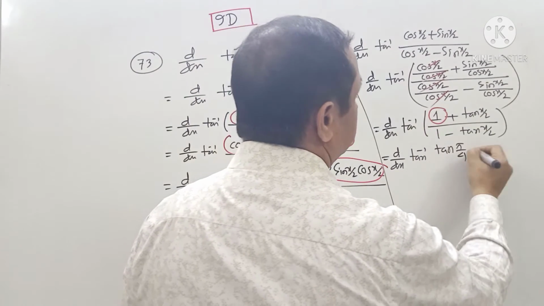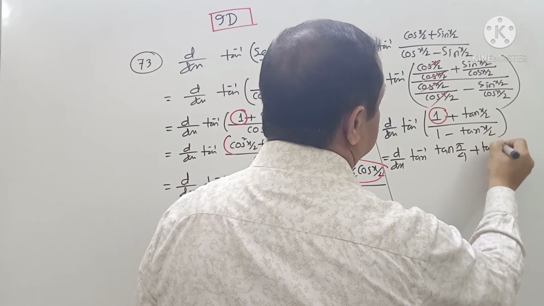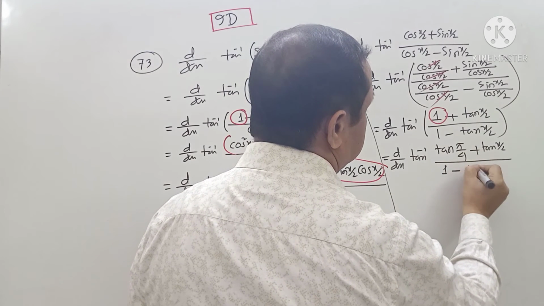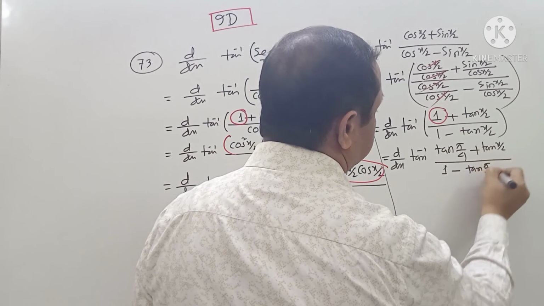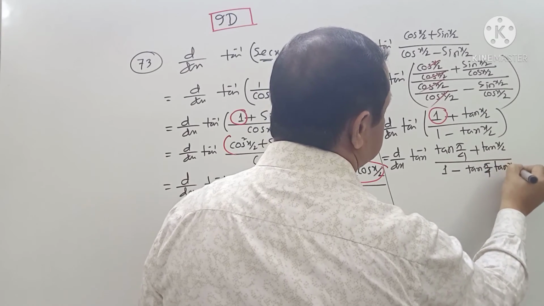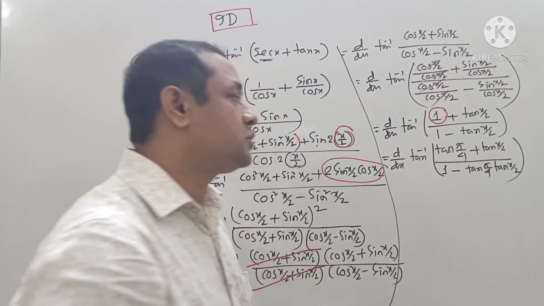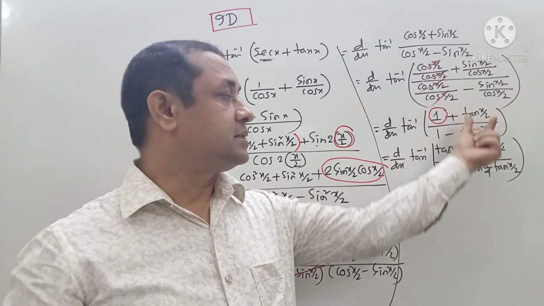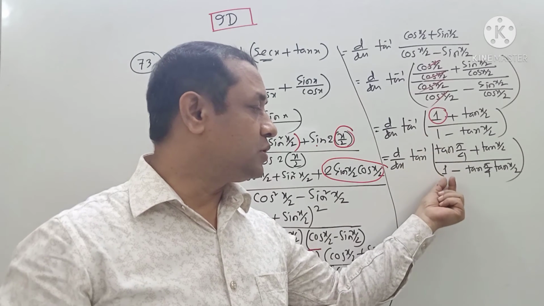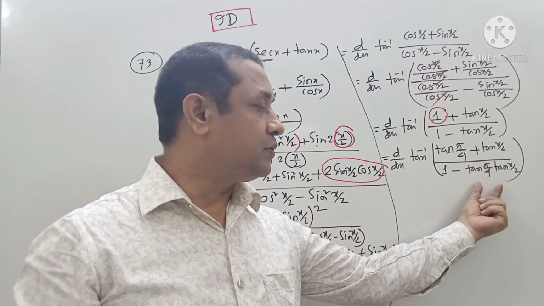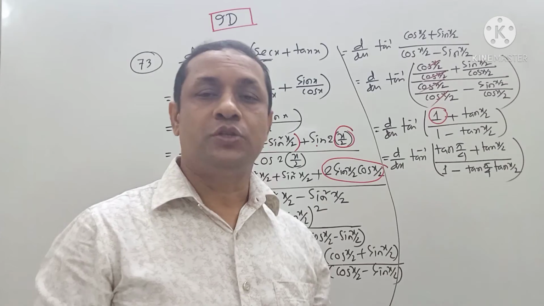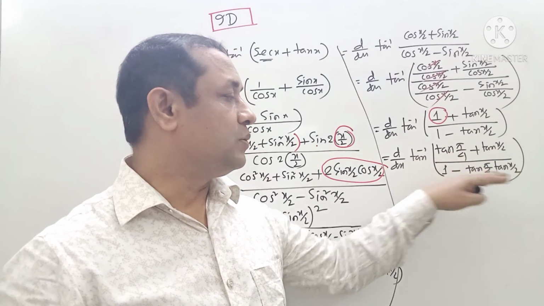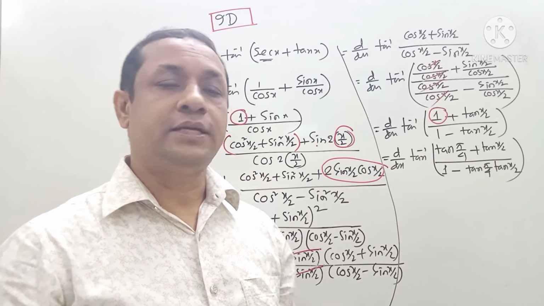Now the numerator is tan pi/4 plus tan x/2, and the denominator will be 1 minus tan pi/4 into tan x/2. I say again student, 1 equals tan pi/4, so the numerator is tan pi/4 plus tan x/2, and the denominator is 1 minus tan pi/4 into tan x/2. Then using the formula (tan a plus tan b) by (1 minus tan a tan b).